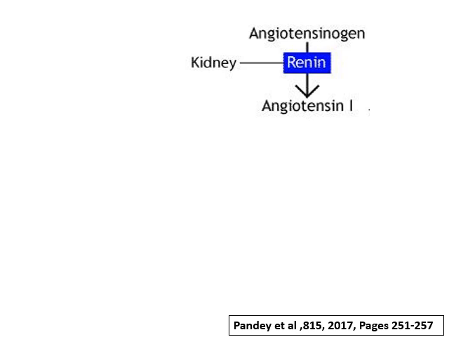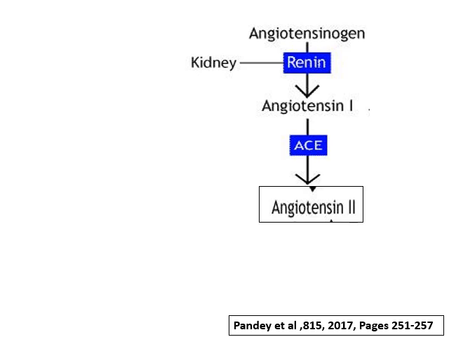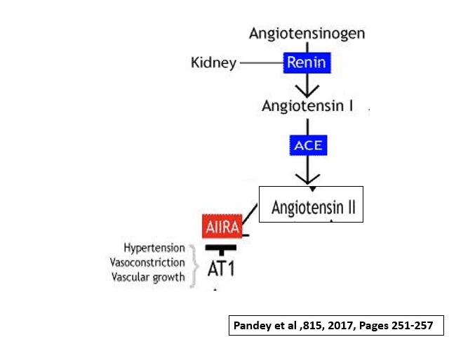To remind you, we have angiotensinogen produced by the liver, which becomes activated by the renin enzyme released from the kidney into angiotensin 1. This angiotensin 1 is still inactive and needs to be further activated, and this activation will happen through angiotensin converting enzyme into angiotensin 2. Angiotensin 2 will act on two types of receptor, angiotensin 1 and angiotensin 2 receptors.